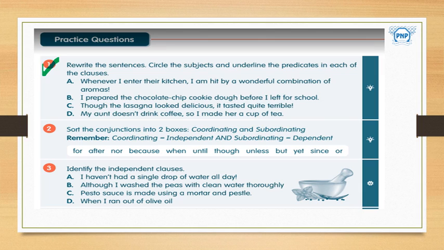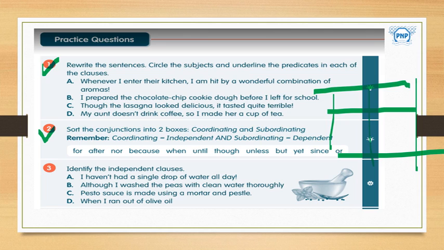Correct. Next, the second one: sort the conjunctions into two boxes. You have to make two separate boxes. In one box you write coordinating conjunctions, in the other subordinating conjunctions. Correct.